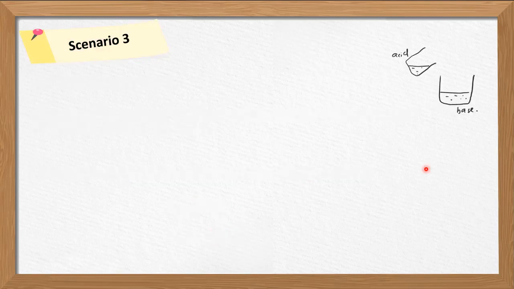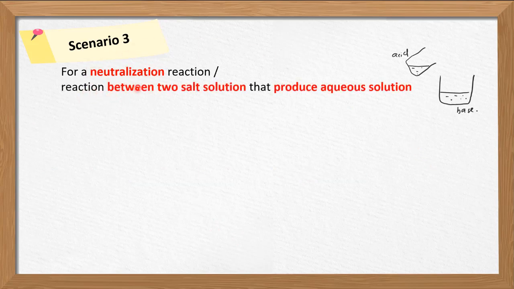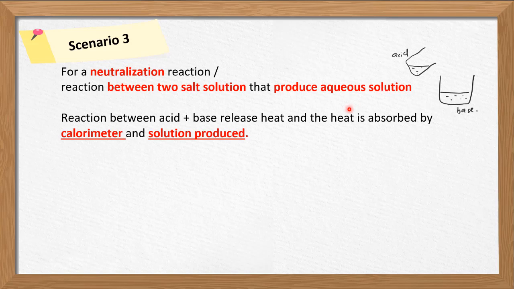All right, for the third scenario, it's either for a neutralization reaction, or the reaction happens between two salt solutions to produce another aqueous solution. So reactions between acid and base, neutralizations, release heat, and the heat is absorbed by both calorimeter and the solutions produced.